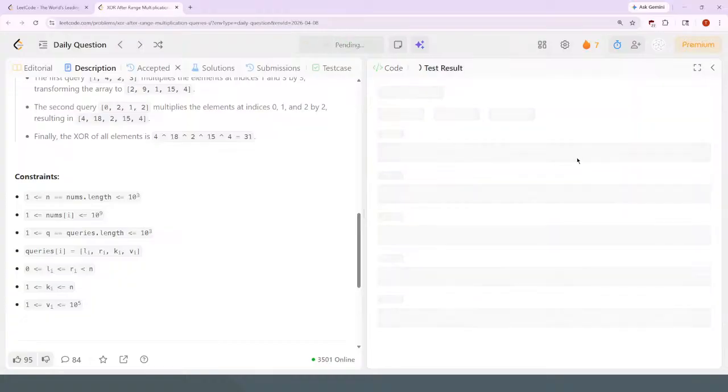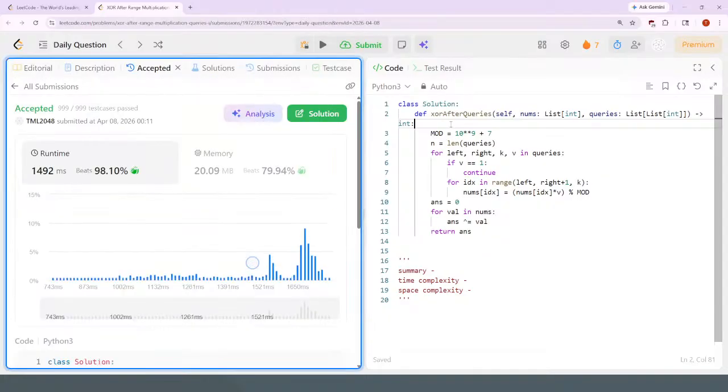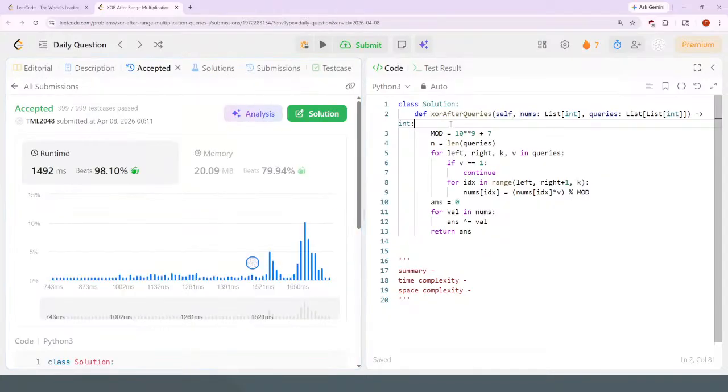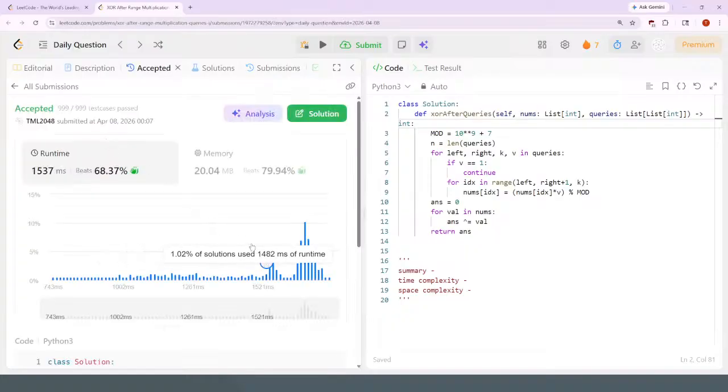Alright, let's see if this speeds up anything. Okay, so what was it before? So it shaved off like 40 milliseconds out of 1400, or 1500, and somehow that improved its percentage.